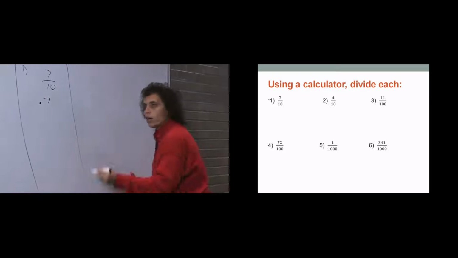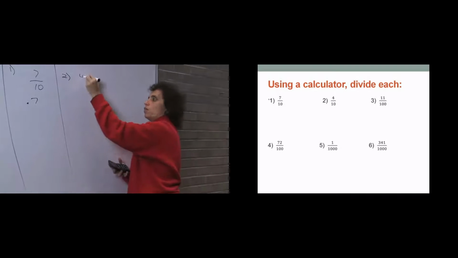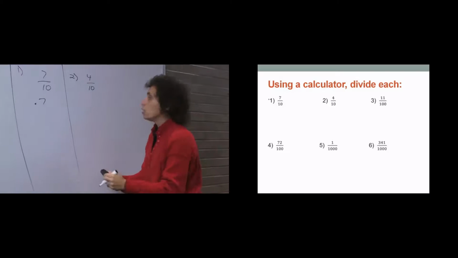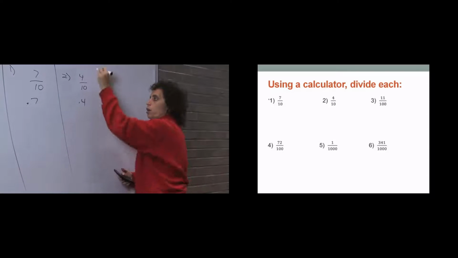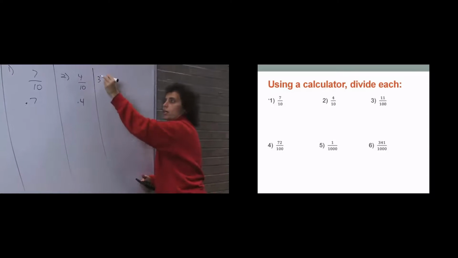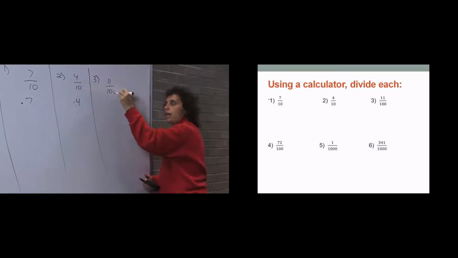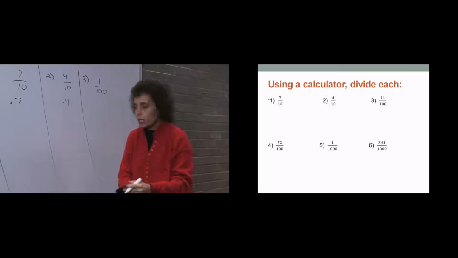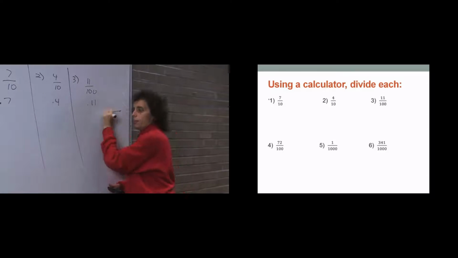0.7. Number 2, 4 divided by 10 is 0.4. Number 3, 11 divided by 100 is 0.11.